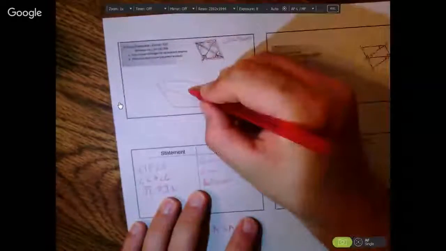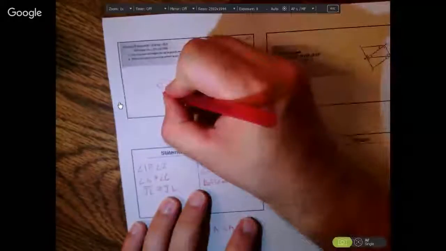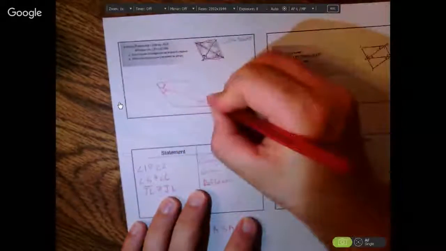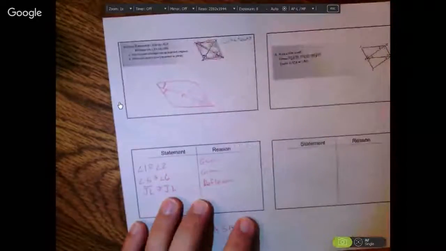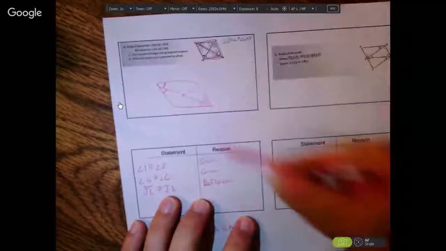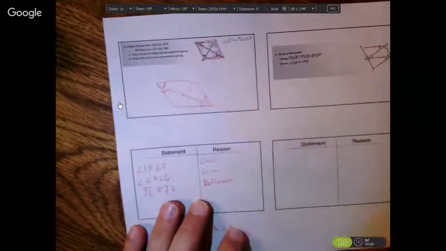We had that this was congruent to that, so we had an angle. We had that this is congruent to that, so we had another angle. We knew that this side was congruent to itself. They added this other little bar across here for confusion.